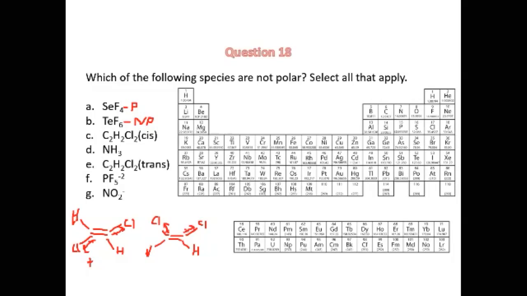You'll notice in the cis form, the dipoles don't cancel, but in the trans form, since they're on opposite sides, they cancel each other out. So whenever you have cis and trans, the trans is always nonpolar and the cis is always polar. What this means is that cis would have the higher boiling point, and trans would have the lower boiling point. So the cis is polar, trans is nonpolar.